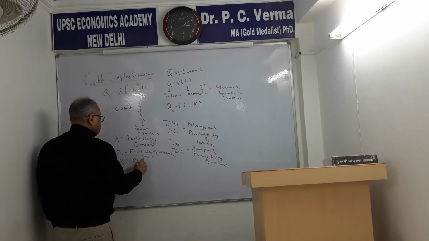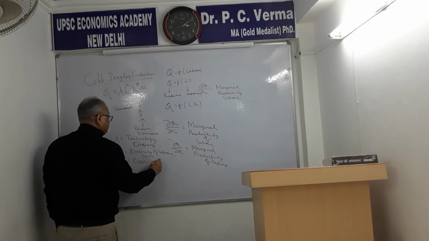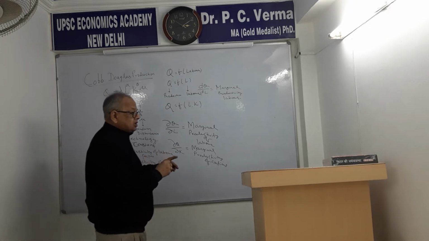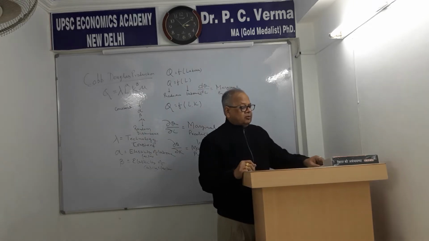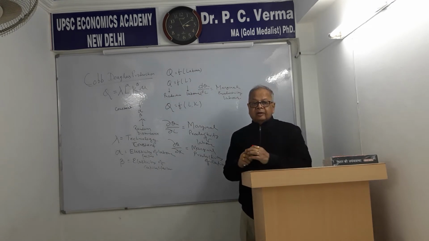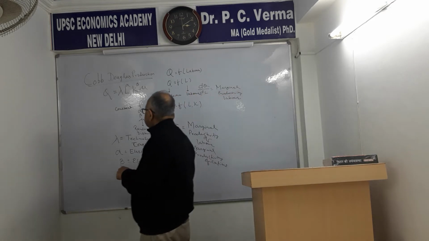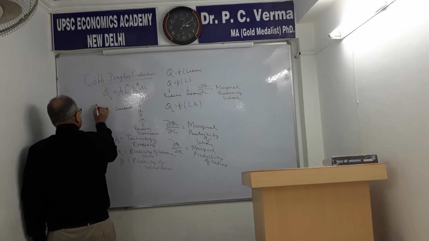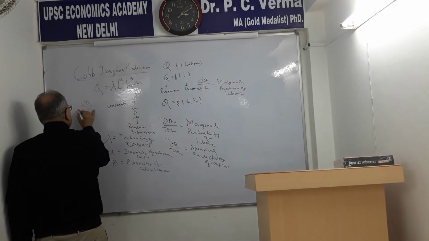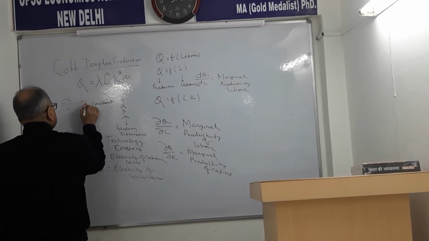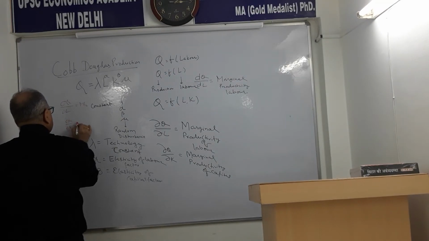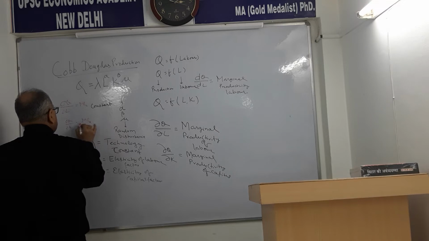Beta is elasticity of capital factor. So, in this case, del Q by del L is marginal productivity of labor. Del Q by del K is marginal productivity of capital.